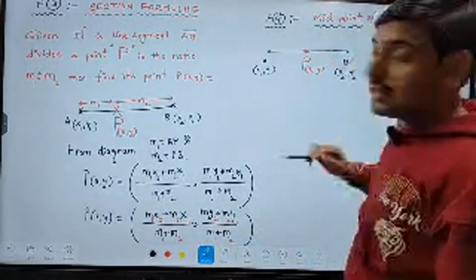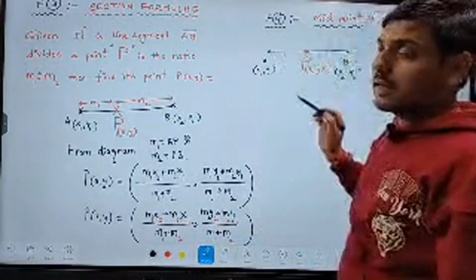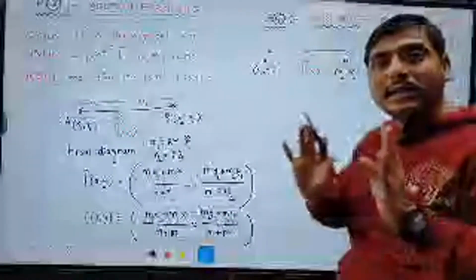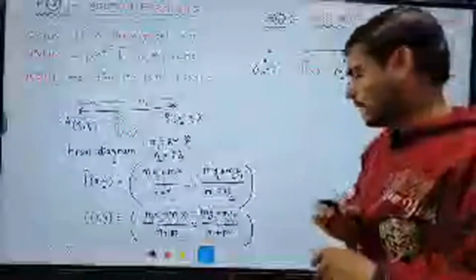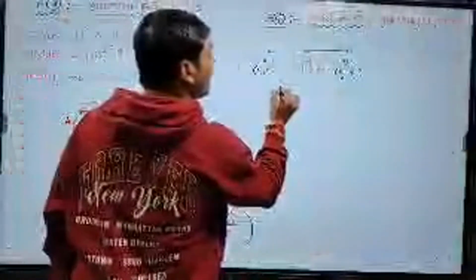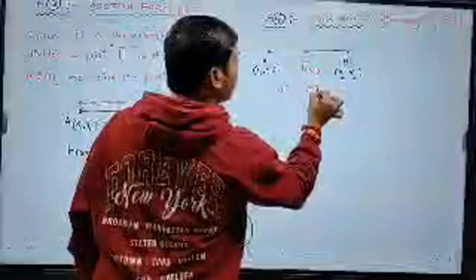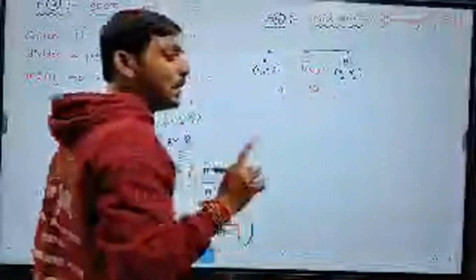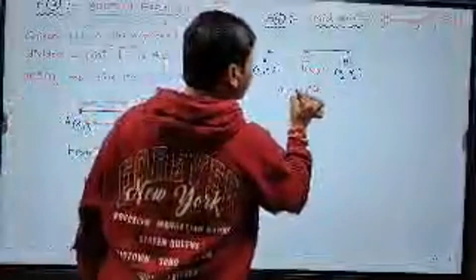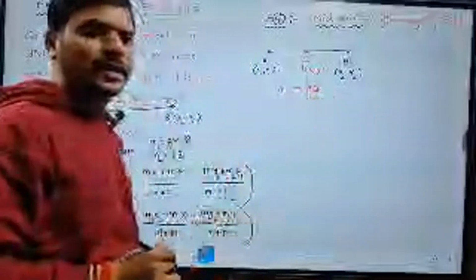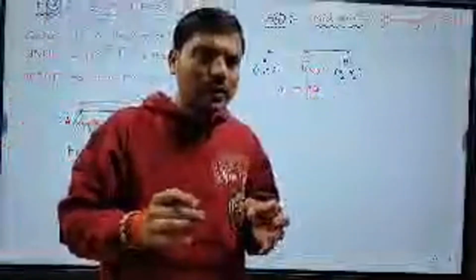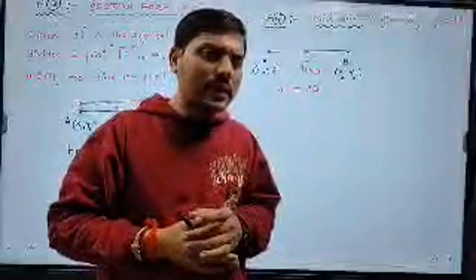Midpoint means here the lengths AP and BP are equal to each other. Once again, students, AP and PB are both equal. Why, sir? Why take two line segments equal in this case?